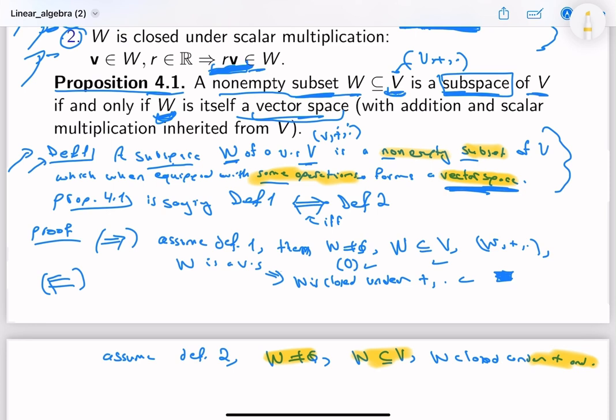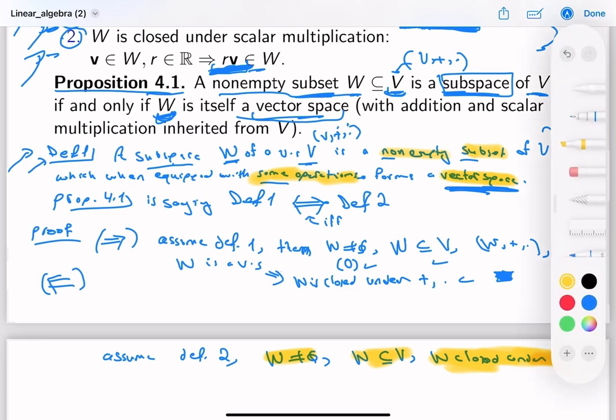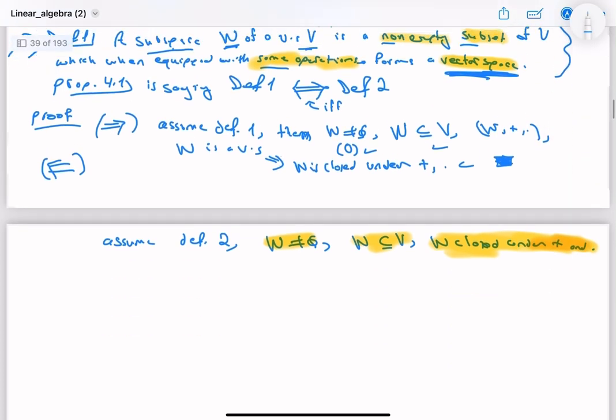So how is it true that these alone, the closure under addition and scalar multiplication, are enough to prove that omega is a vector space? Well, let's see why. So again, I'll prove to you.